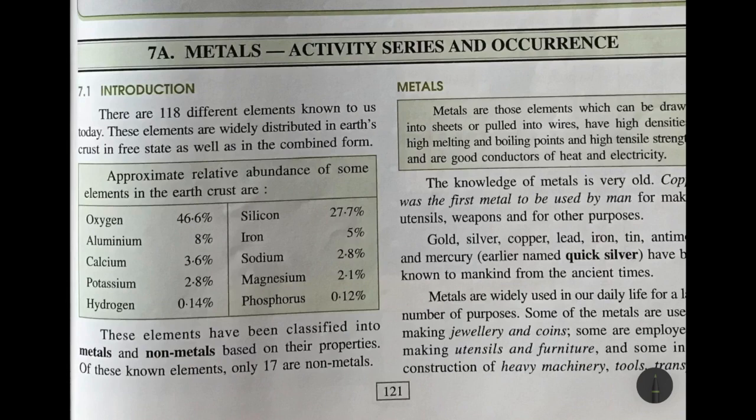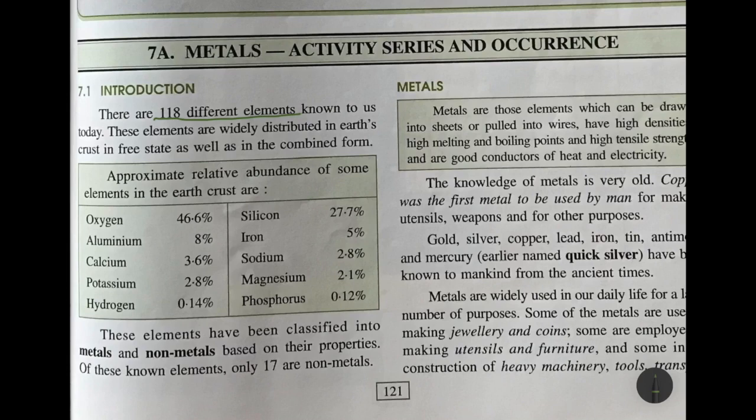As you know, there are 118 different elements that we know today, and they are distributed in the Earth's crust, in the free state as well as in the combined form, maximum in the combined form. That is why we need to extract them from their ores.